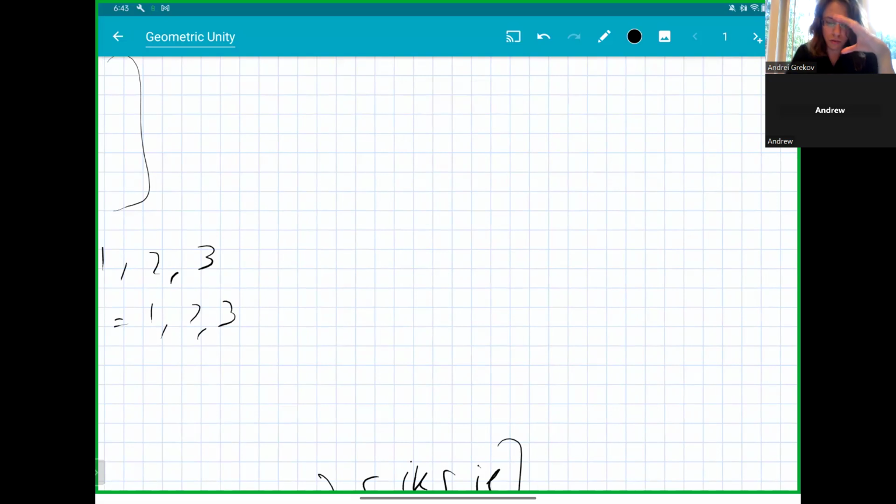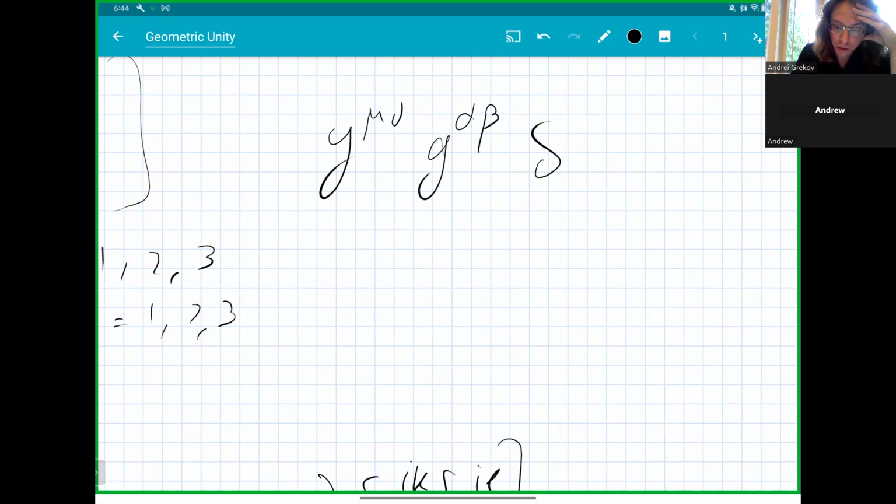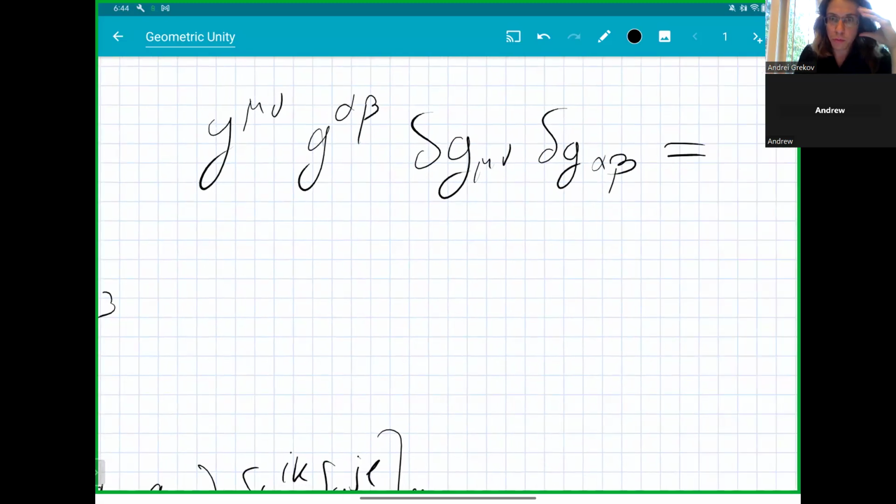basically, G mu nu and G alpha beta, dG mu nu dG alpha beta, is equal to such kind of matrix, right?